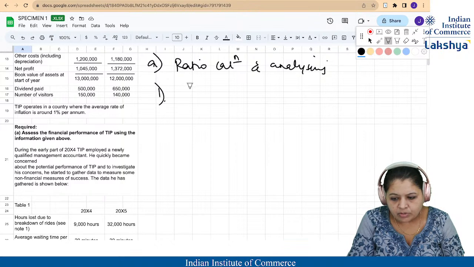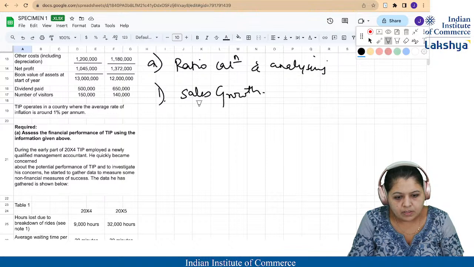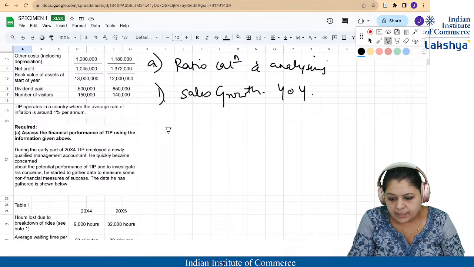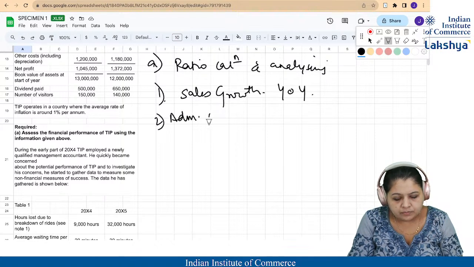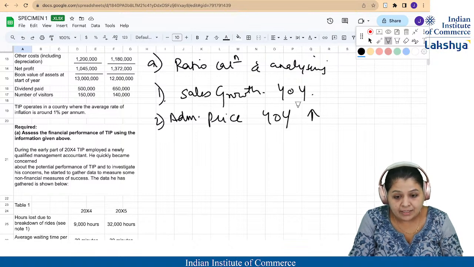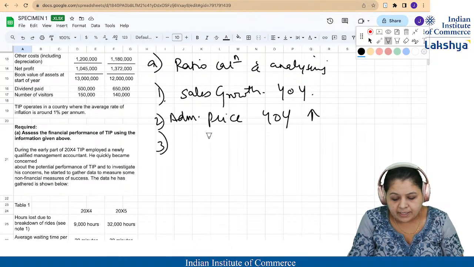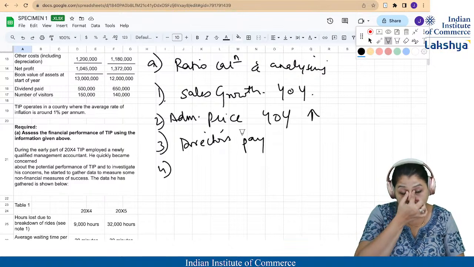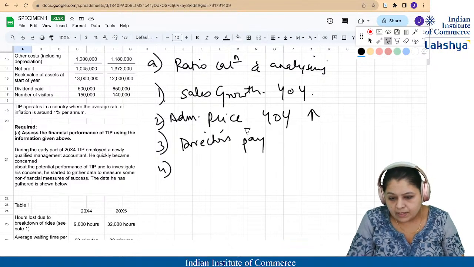Obviously, we can find out those simple sales growth ratios, right? So, how much has the sales grown year on year, right? Then the price of admissions year on year, because that is also increased in this question. Then we will deal with director's pay. All these ratios are found out on year basis, right?